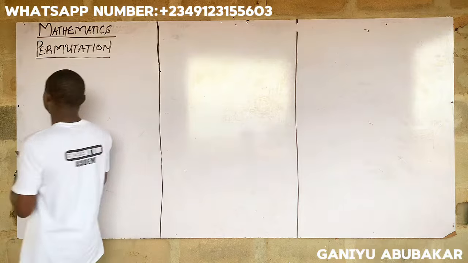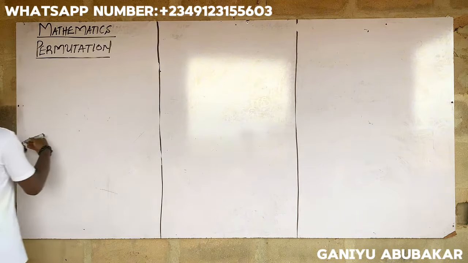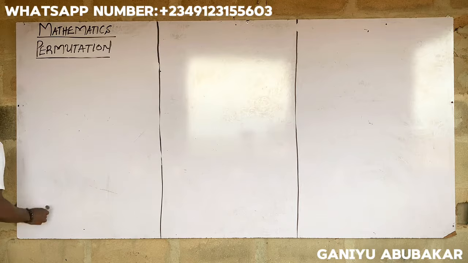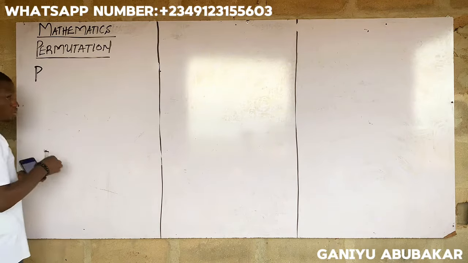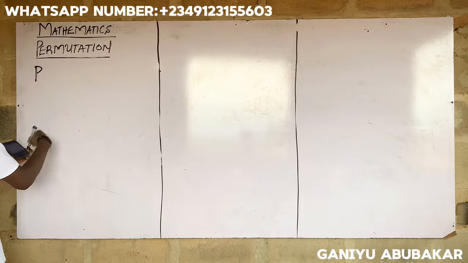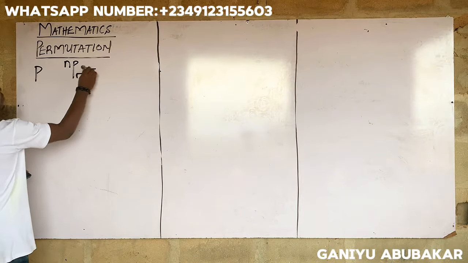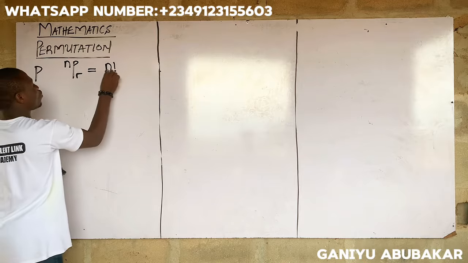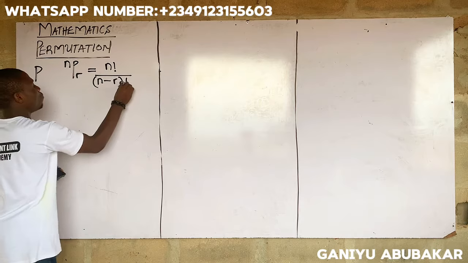Note that permutation is abbreviated by P. We use P to represent permutation. So given n different objects taking R at a time, this becomes n factorial over n minus R factorial.